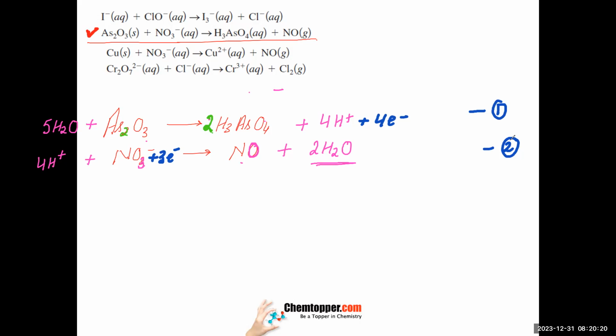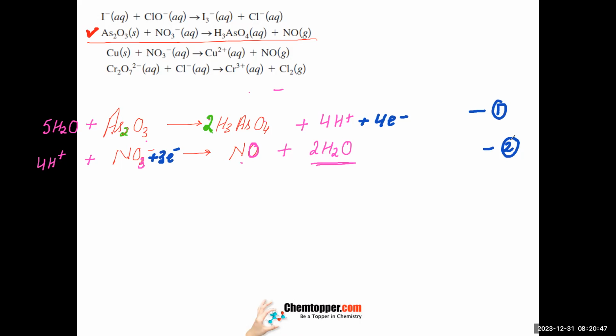Why you are saying first one reduction, Shrihan? You said the same thing last time. I corrected you at that time also. So you're again saying the same thing. And the second equation is reduction because electrons are on the reactant side. So do this correction, Shrihan.